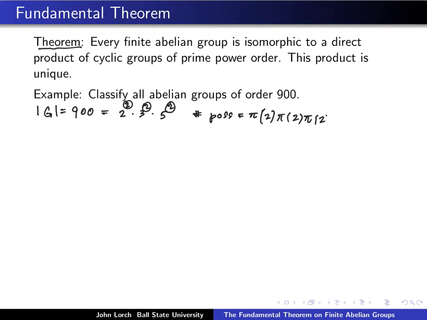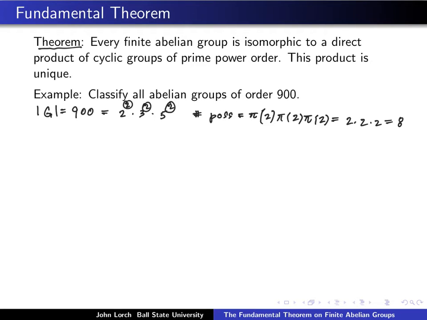And we recall from previous slides that pi of 2 is just 2 itself. So we know that there are 8 abelian groups of order 900. And now we need to write them out.